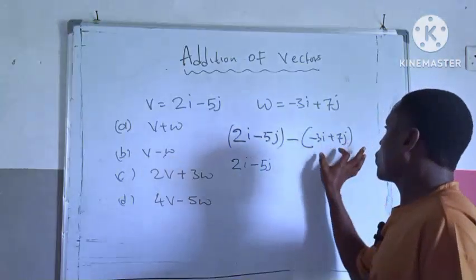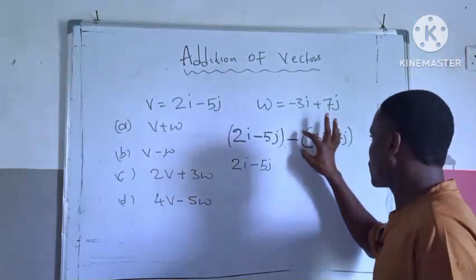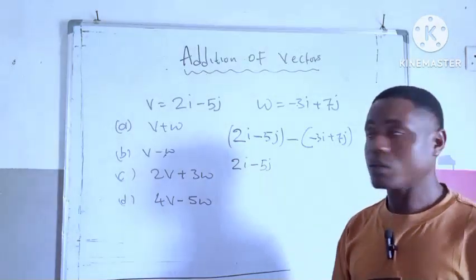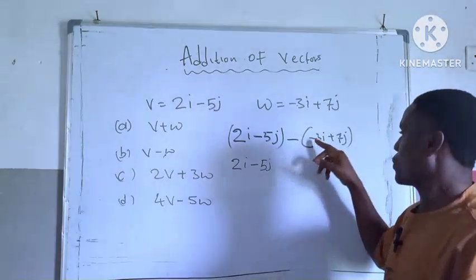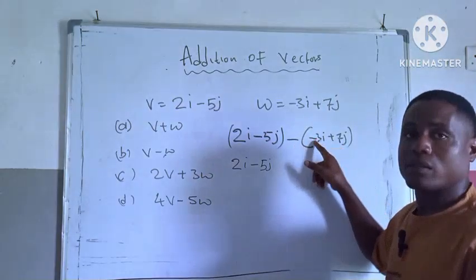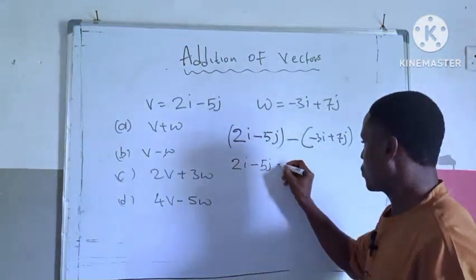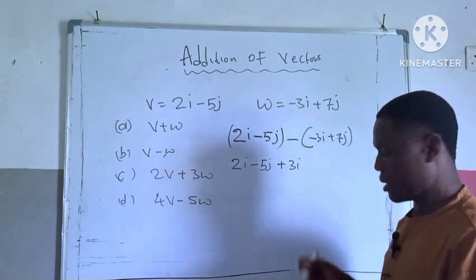So for us to open this bracket successfully, we have to multiply everything by this minus sign, the same way we did the first one. Let's start from this first one. Minus times minus is plus, so we write plus 3i.